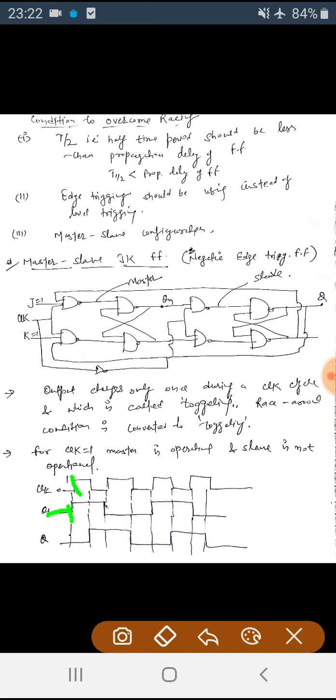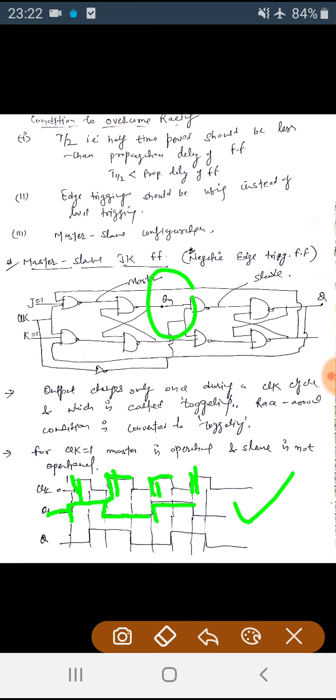It changes again when the clock goes high again. So it changes here, and it continues to be low until the clock goes high again. Now it changes to high and remains high until the clock goes high again. So whenever the clock goes high, the output of master changes, as we can see in the timing diagram.